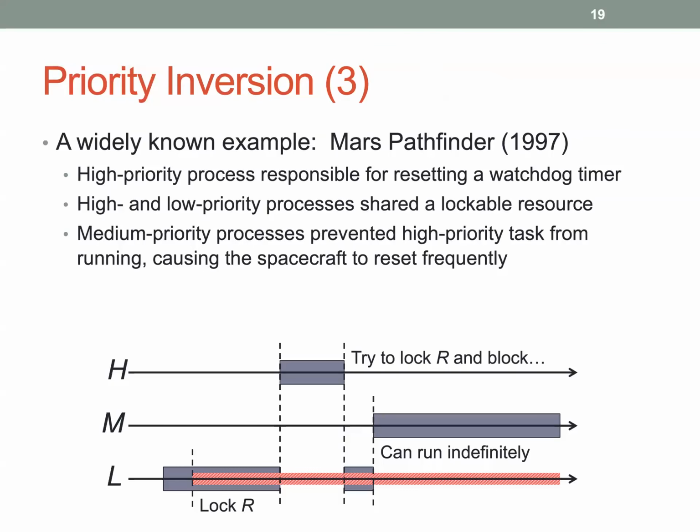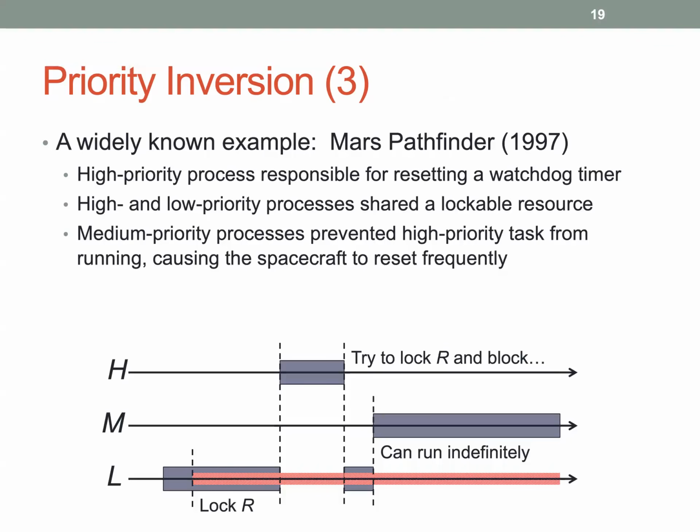It's not working right, so I'll reset it or I'll turn it off and turn it back on. So watchdog timer is kind of an automatic mechanism to do that. The timer counts down, and when it hits 0, the system is reset. Now that seems like a bad thing to have happen, but the way the system is supposed to work in normal operation is that you have something that resets the watchdog timer periodically.